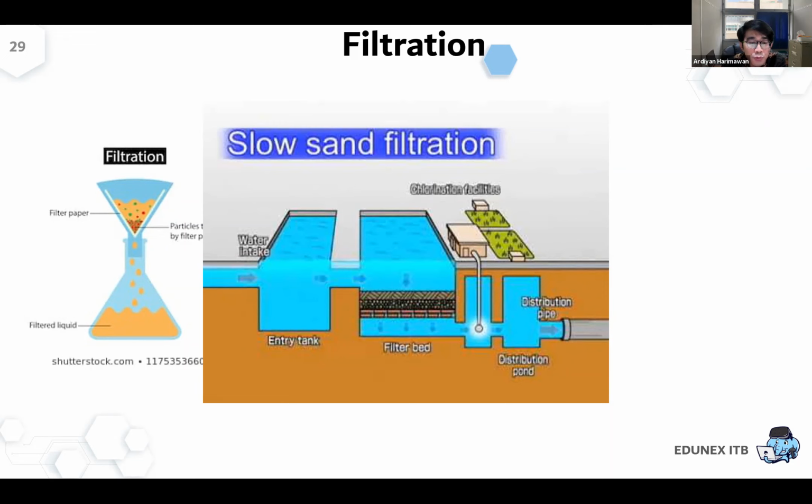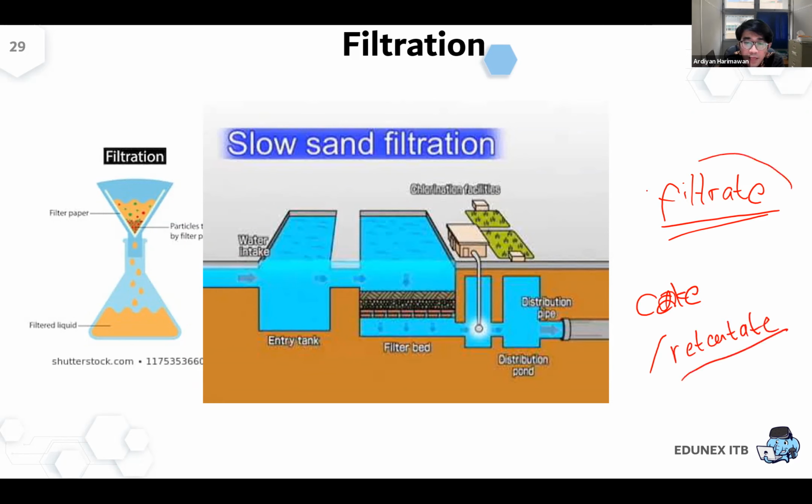So you do the filtration. Either you get the filtrate, which is the liquid, the clear one, or you get the cake. Or later, if you study membranes, it's called the permeate.